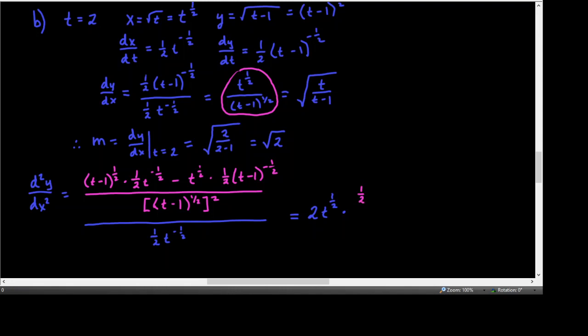Some power of t is a common factor. And remember, when you have common factors, like if you had x squared minus x to the 7th, the common factor is the smaller power of x, and you get what's left by division. x squared divided by x squared is 1, minus x to the 7th divided by x squared is x to the 5th. So keep that in mind, because that's how you do this process.